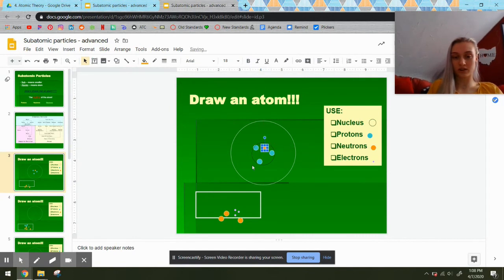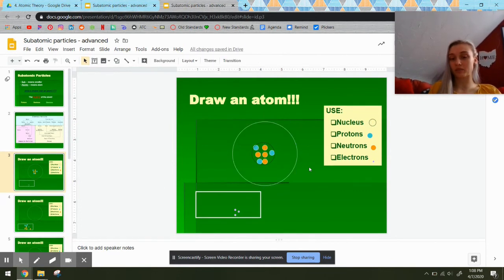Put these guys in here. What you need to take away from this is that all the protons and neutrons are inside of the nucleus.